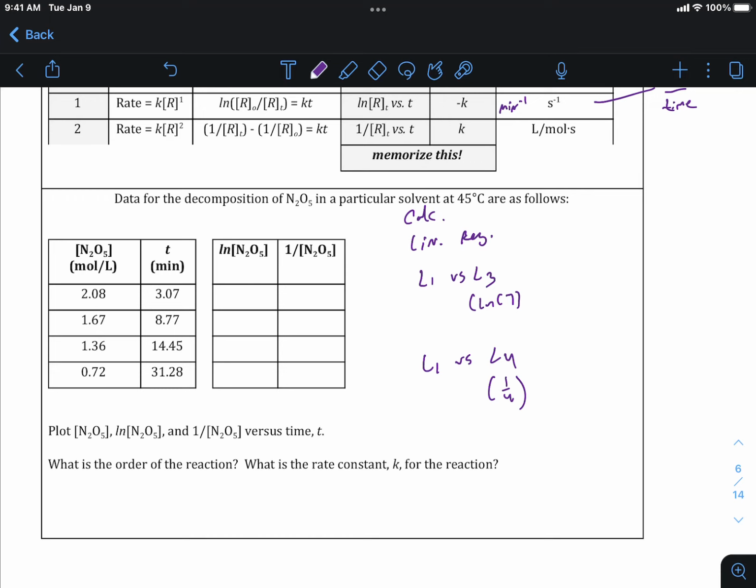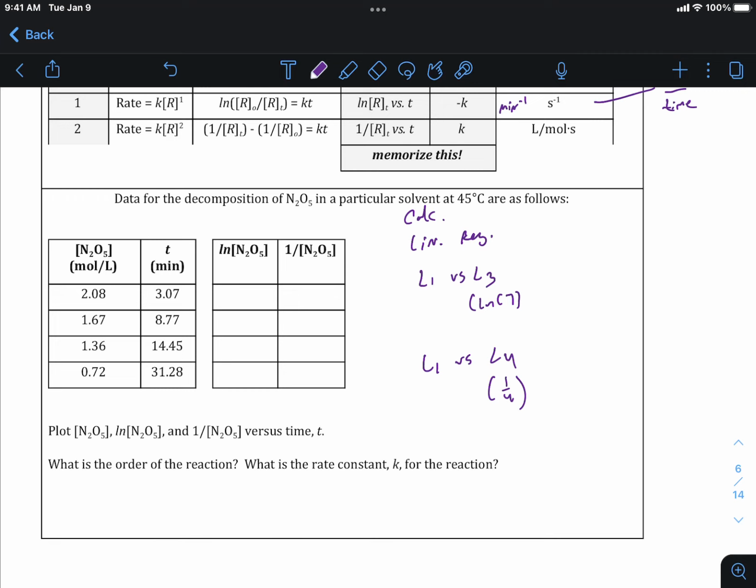Diagnostic on. Hit enter twice. And now, whenever you calculate a linear regression on your calculator, or any regression for that matter, it's going to give you the R and R squared values, and you're looking for R squared values that are closest to 1. Whichever one has an R squared value closest to 1 means that that's the most linear, and that's the one you should choose. So back to our calculations.